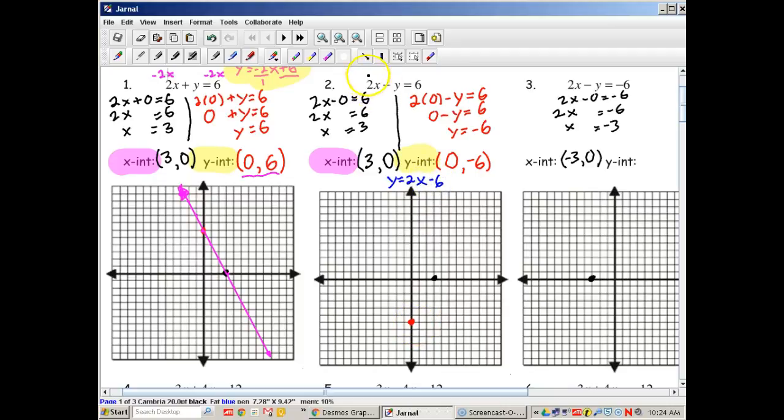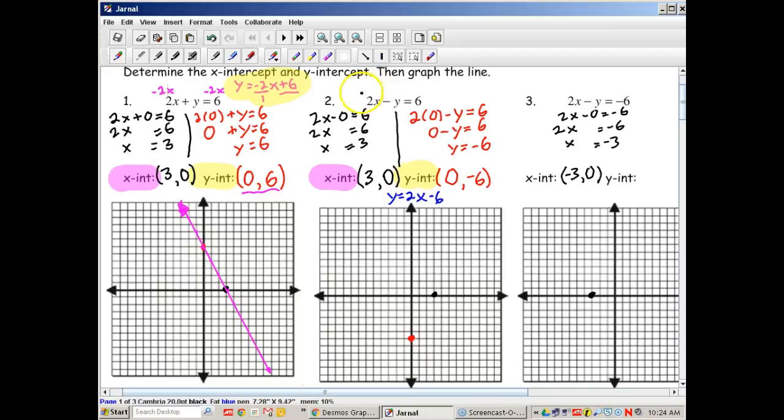And if you were to solve this one up here, like you did last night, subtract 2x on both sides, divide both sides by negative 1, you'll get the same thing. So it's all related. You're just doing it a slightly different way. And once you can put them all together and see that they're all kind of doing the same thing in a different way, that means that you have this down. Okay? And of course, use a straight edge to make all that.